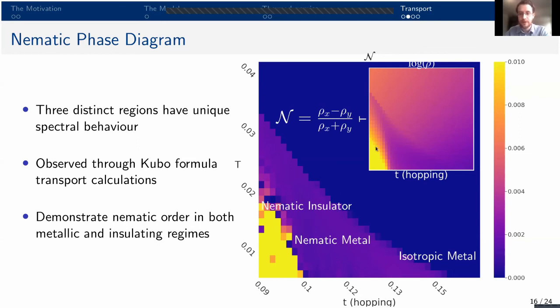And you can see here in the lower left, there's this insulating dome that corresponds to the nematic insulator, whereas there's a swath of a nematic metal that continues down to low temperatures, dubbed here the nematic metal. And then when symmetry breaking is suppressed, we have this isotropic metal. So again, we see this phase diagram that roughly corresponds also to our thermodynamic calculations.